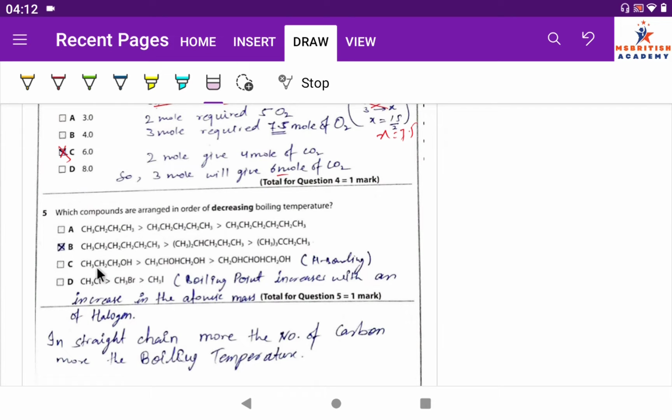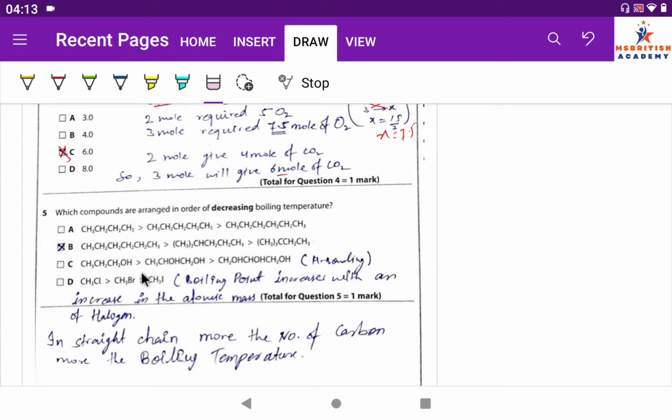In this there is hydrogen bonding, so the boiling point will also increase. And for CH3 halides, the boiling point increases with an increase in the atomic mass of the halogen. Because the mass of iodine is greater, the boiling temperature should be greater for iodomethane, then bromomethane, then chloromethane.